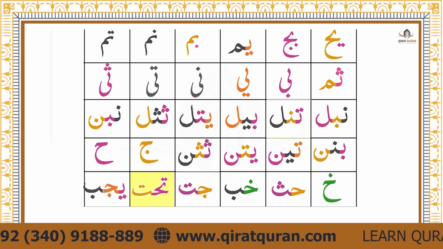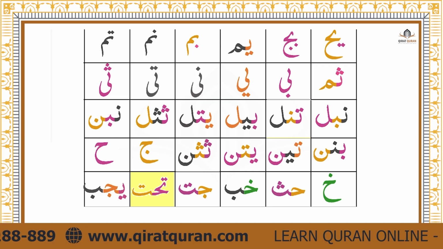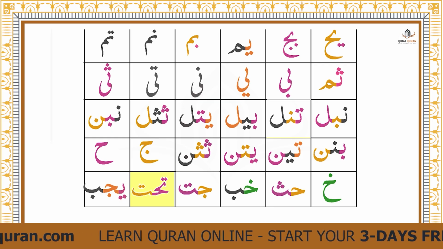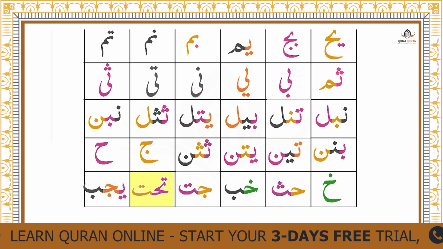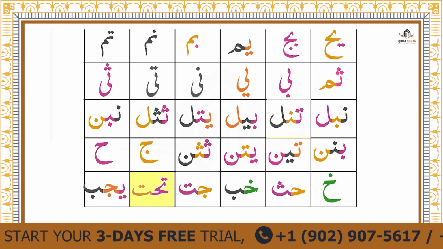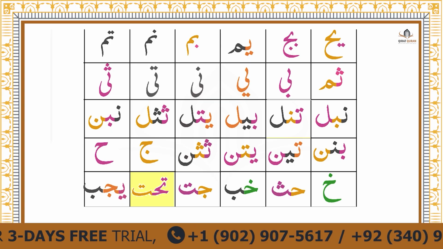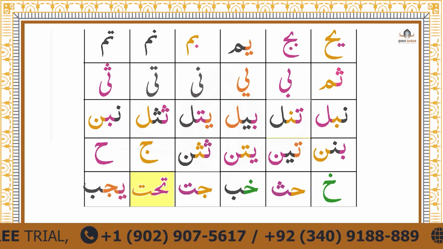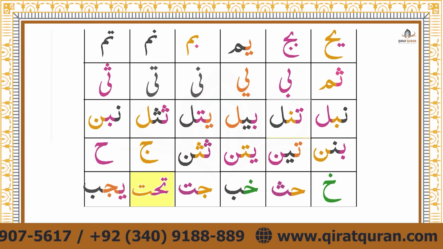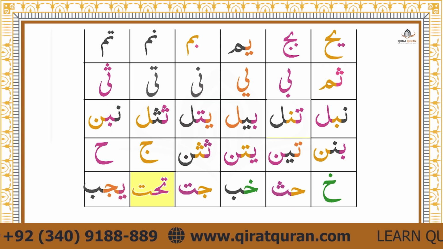The next one, here are three letters. The first one is ta, because it has two dots at the top. The second one is ha, and we recognize this letter ha by its formation, that it has two parts, the upper part and then a lower part, and it doesn't have any dot.